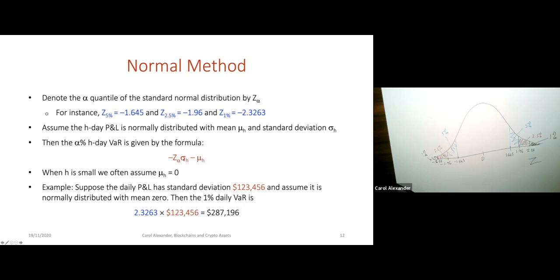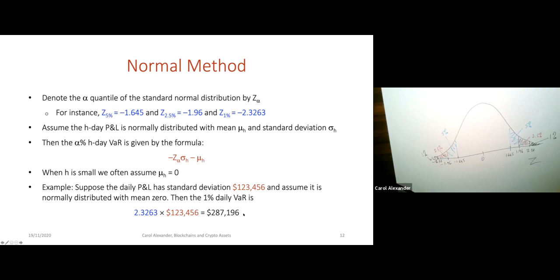So instead of converting the H-day standard deviation into an annualized volatility, we can convert it into an H-day VAR. Okay. So, for example, if the daily P&L has standard deviation 1.23456, then the 1% daily VAR is 2.3263 times 1.23456, which is this.